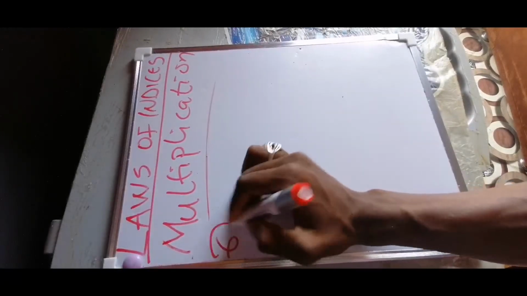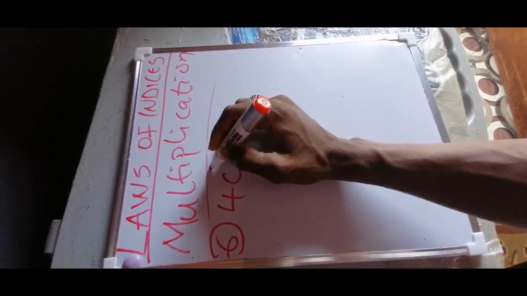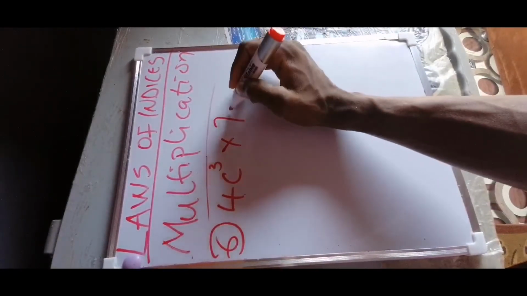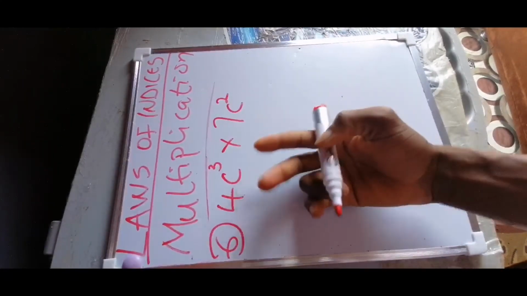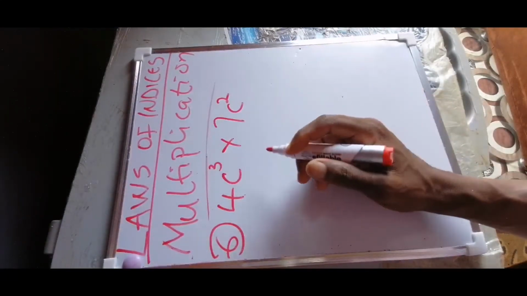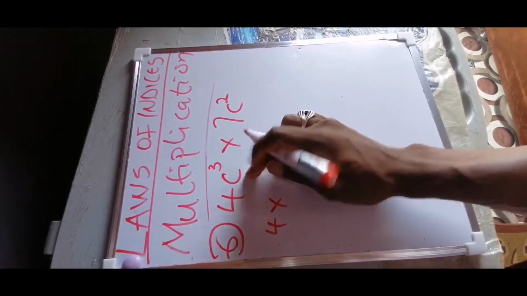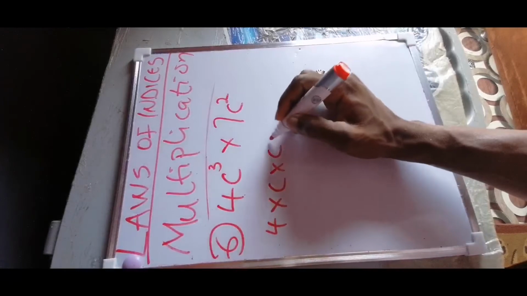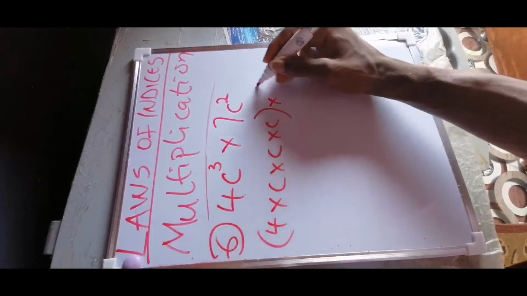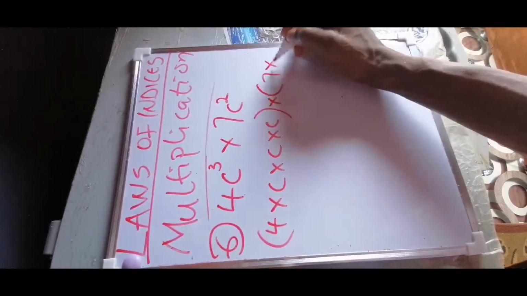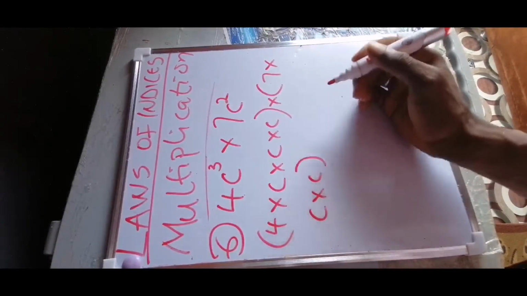So the next one, we have 4c raised to the power of 3 times 7c raised to the power of 2. There are two methods you are going to use to solve these indices. So let's start with the first law. 4 times, we have 3 c's here, c times c times c in bracket, again times, open bracket, 7 times, here we have 2 c's, so c times c, close bracket.